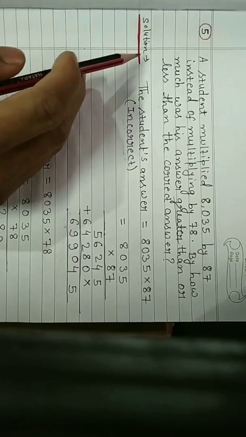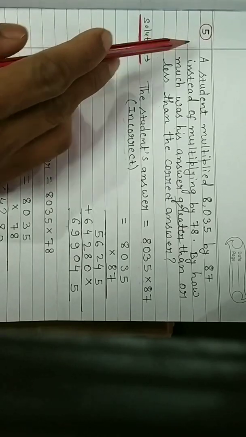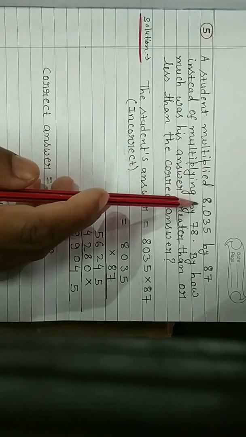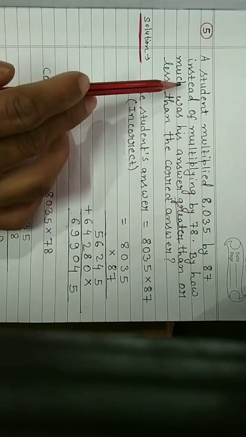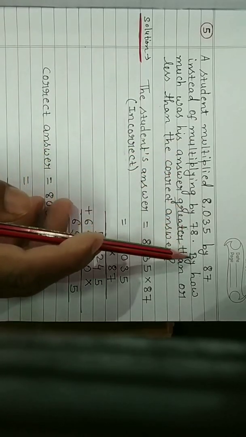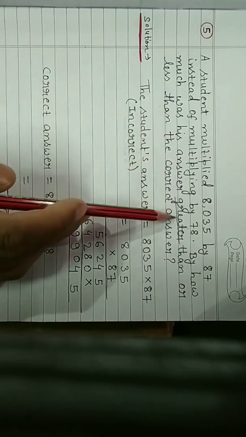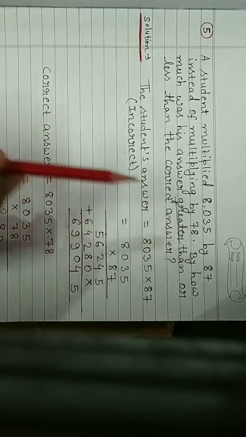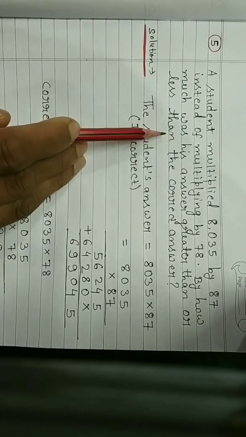Now we will solve the fifth question, and the fifth question is, a student multiplied 8,035 by 87 instead of multiplying by 78. By how much was his answer greater than or less than the correct answer? So what is the question?